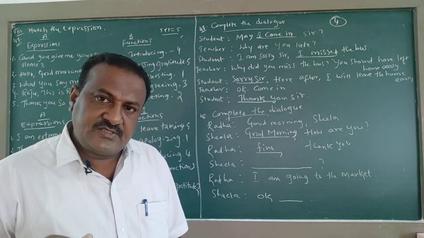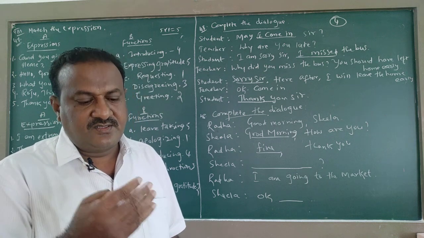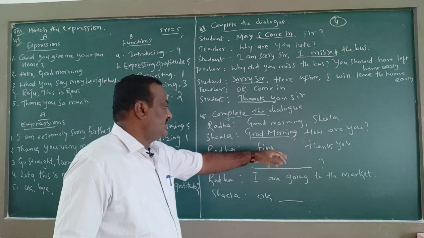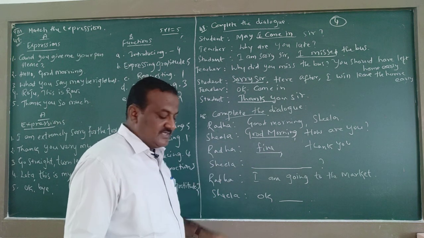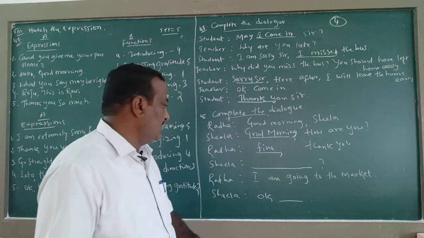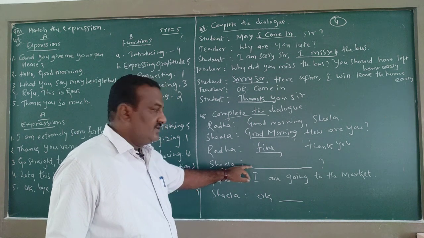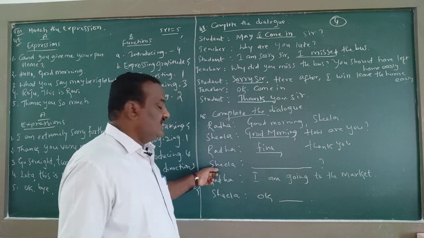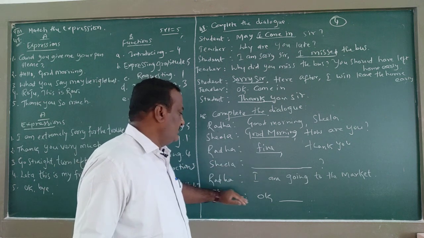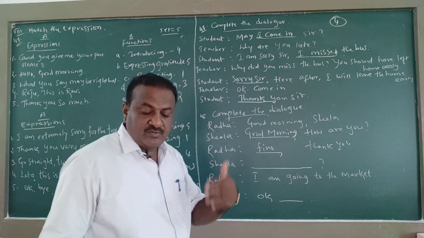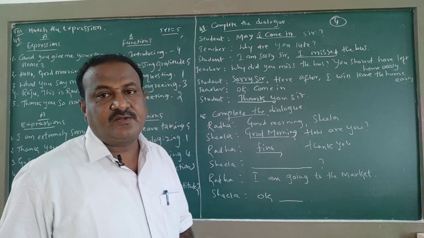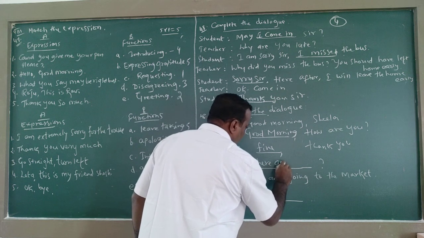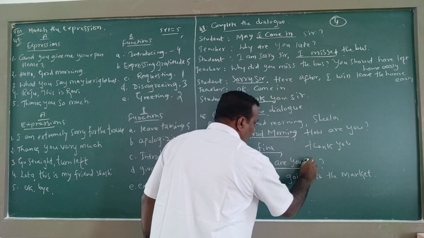That conversation should match. So, that is it here. Fine, thank you. Then here Sheila. What does Sheila say? See, please remember to frame, you have to read: I am going to the market. Then Sheila will ask. See, don't get confused here. I am going to the market. What can we write? Where are you going?